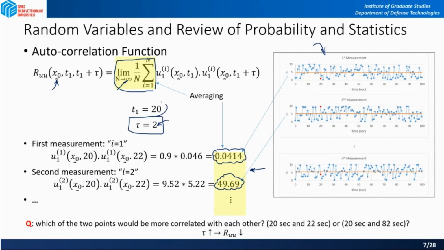The question is which of the two points would be more correlated with each other? Are 20 seconds and 22 seconds more correlated, or 20 and 82? Can you answer?